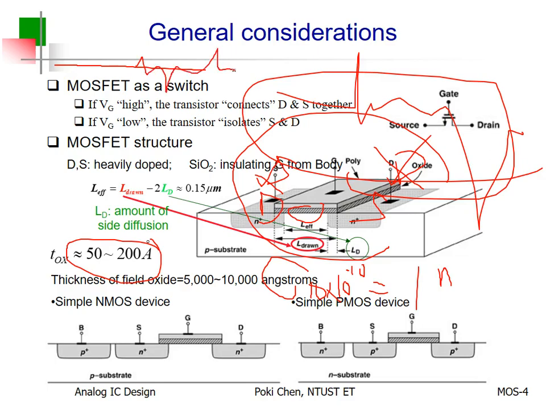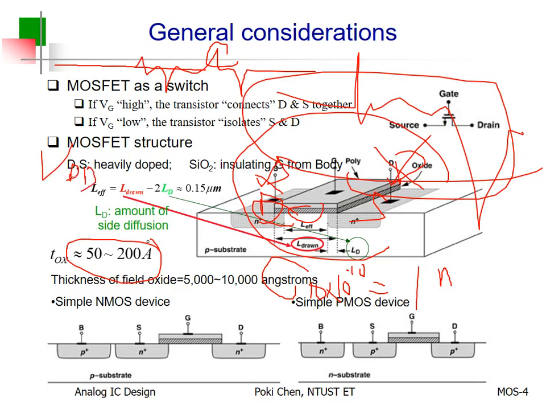Especially with RF devices with very high frequency physical circuits, you have many kinds of spikes. Such spikes will be quite easy to penetrate the weak region of your silicon dioxide. So this is the reason why the thinner the silicon dioxide is, the less VDD you can apply.